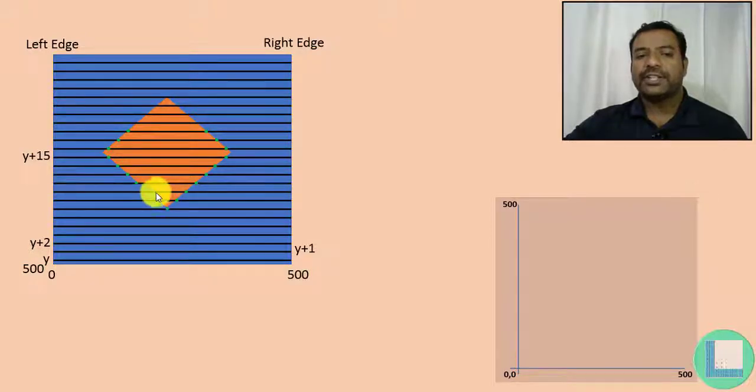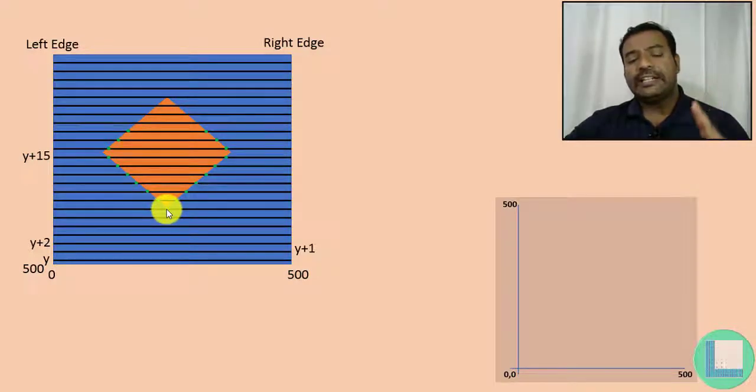The left intersection, the right intersection, the left intersection, the right intersection. Hence for every scanline there are going to be left and right intersection points, that is, the intersection of the edge of the polygon with the scanline. Hence if you check this, the intersection point for both left and right is the same, and there is going to be only one point, or it has overlapped.